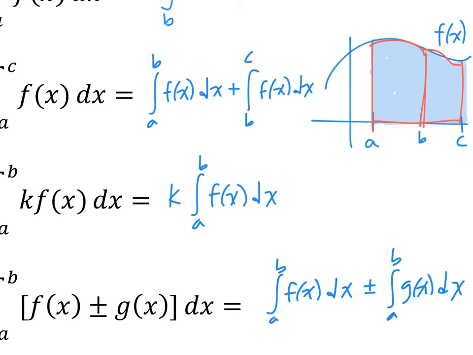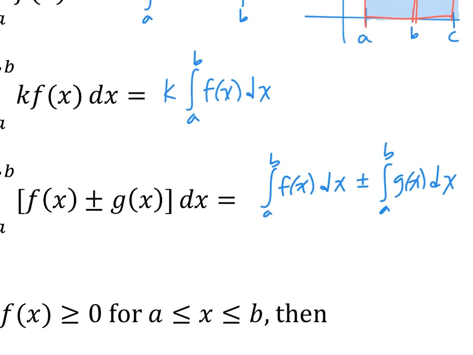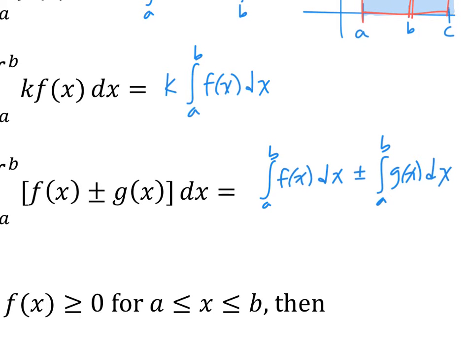The last ones are a little bit harder to understand, so stay with me. Number 6. If f of x is greater than or equal to 0, that means you have a function that's always above the x-axis, higher than the x-axis, somewhere up there.